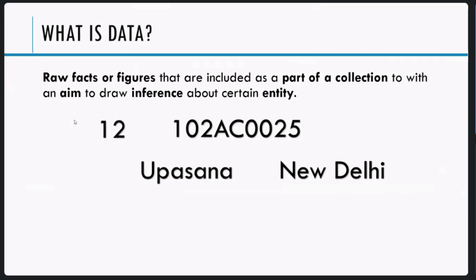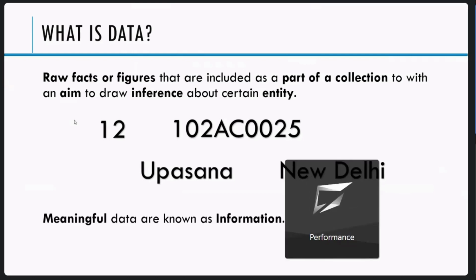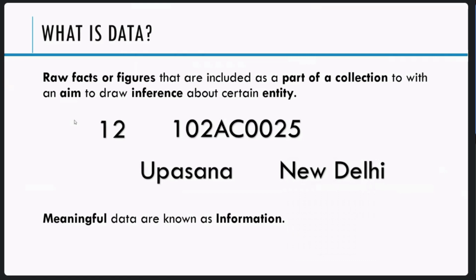How will they become data? When they are associated with a certain aim and included as a part of a collection to draw inference about certain entity. When they get their meaning, they will become information. So meaningful data, we call it information.